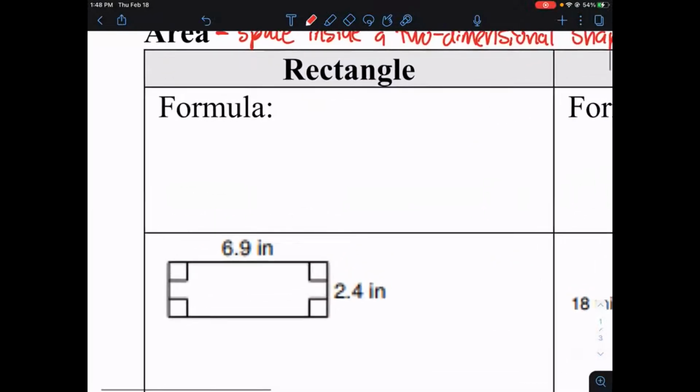Okay, so the formula for area of a rectangle is the length of the rectangle times the width.